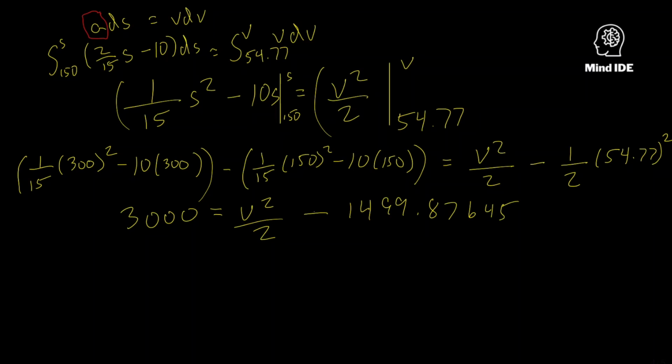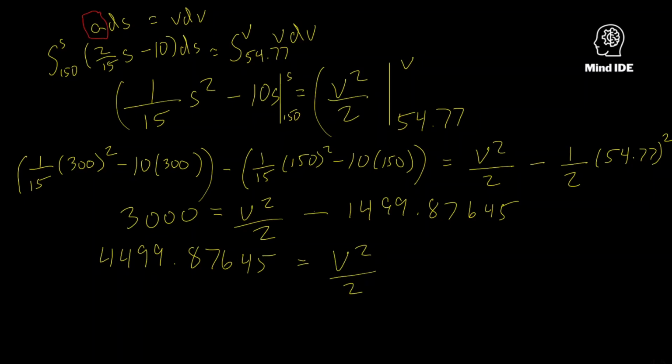So 3,000 plus this number is 4499.87645 equals v squared over 2.